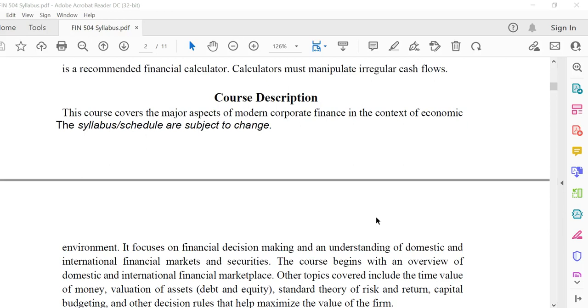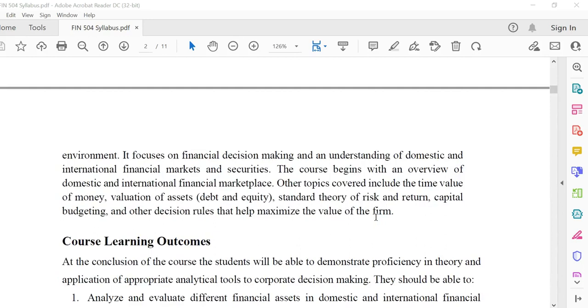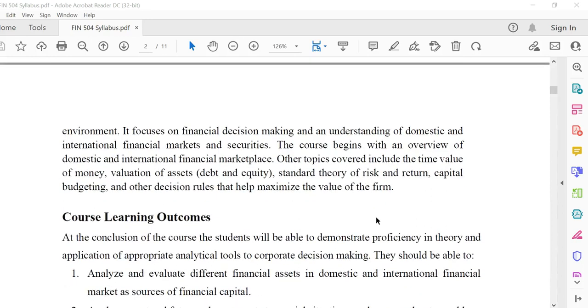What are the different securities traded in those markets, and what are the additional risk factors one has to take into consideration before entering into international financial markets? So we will talk about that one as well. Not only the theory related to all these aspects, we will also discuss their practical applications.